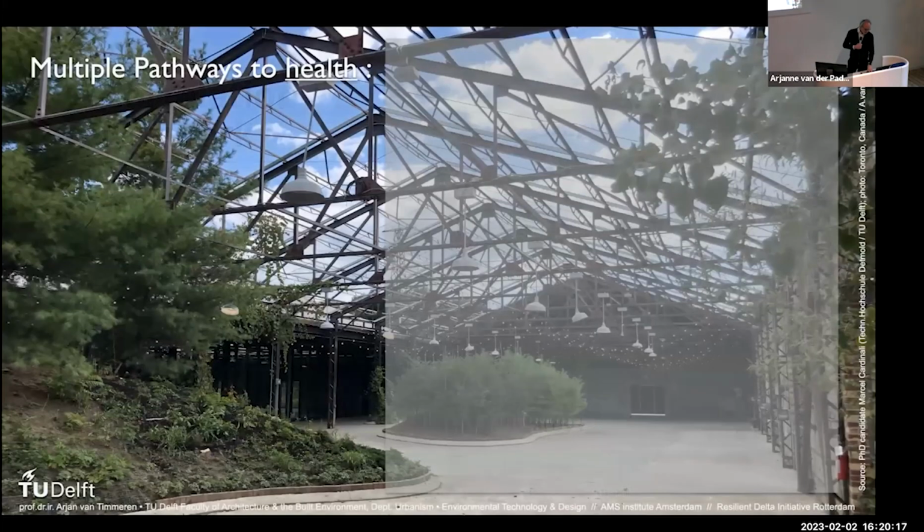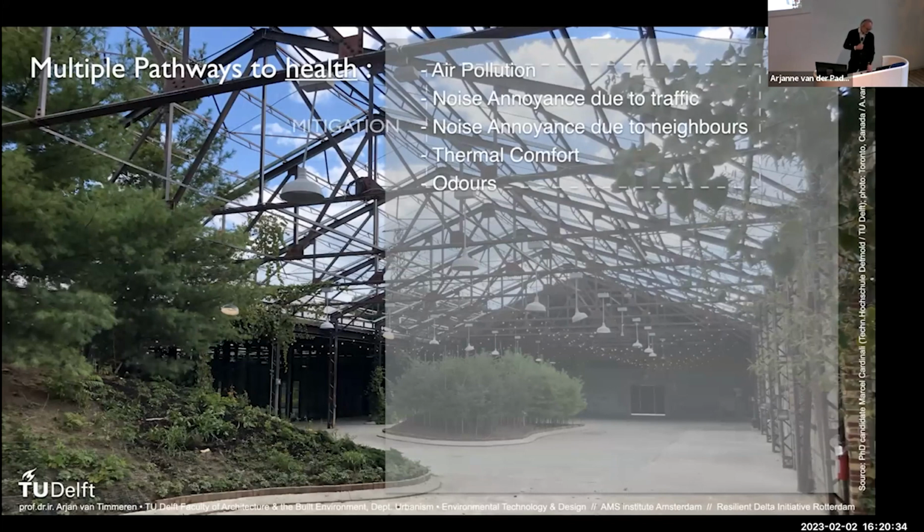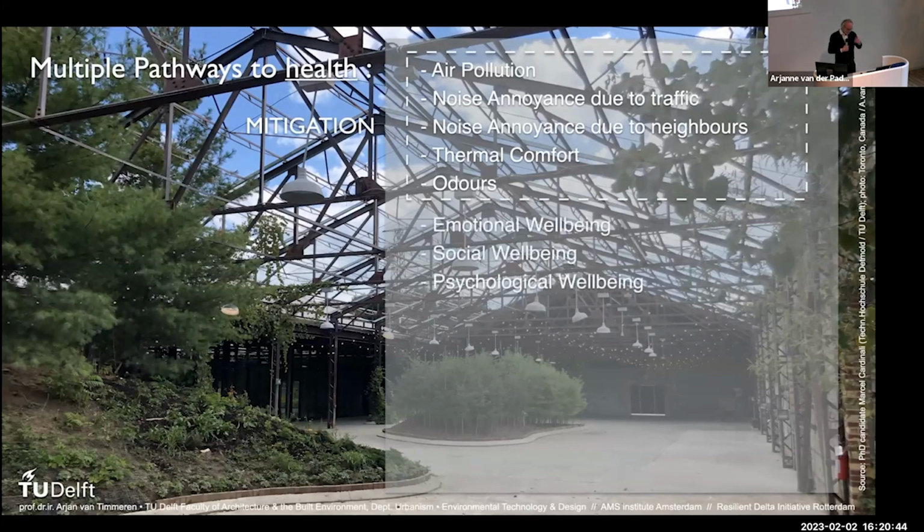And if you look at the literature, we all know that air pollution, noise, annoyance, thermal comfort related to, for instance, hard surfaces, but also odors, they affect one part of health, which we have to mitigate, of course. It's a negative aspect which we would like to reduce.